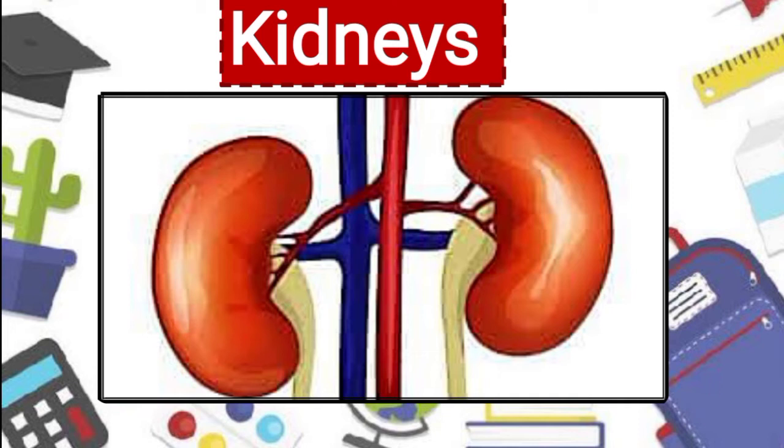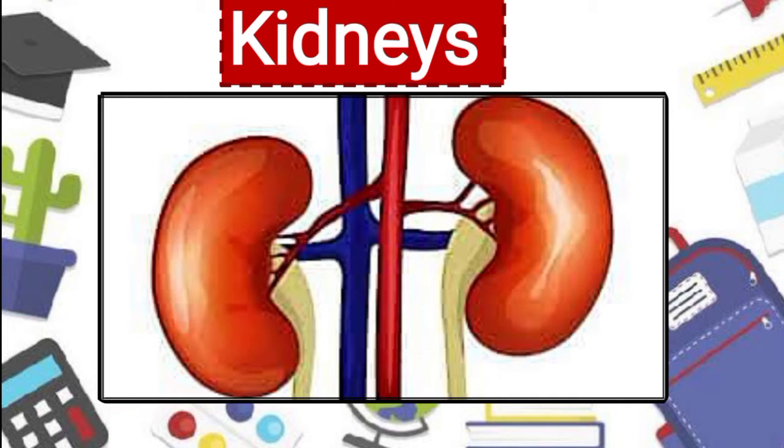The kidneys are the primary organs of the urinary system. The kidneys filter the blood, remove the waste, and excrete the waste in the urine. These are the functions of kidneys, and they perform the function of the urinary system.